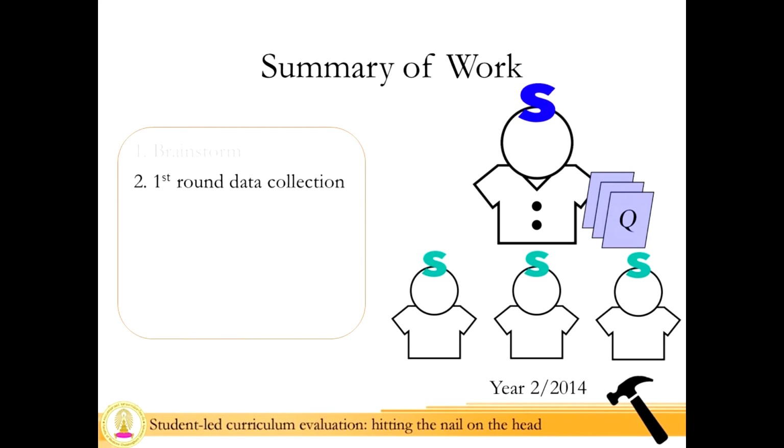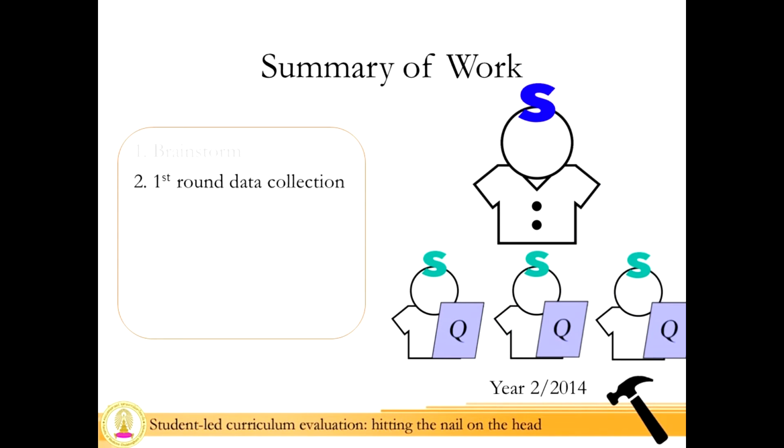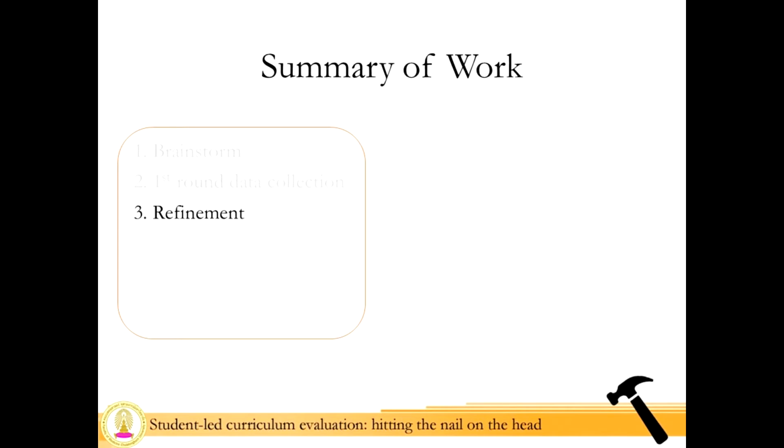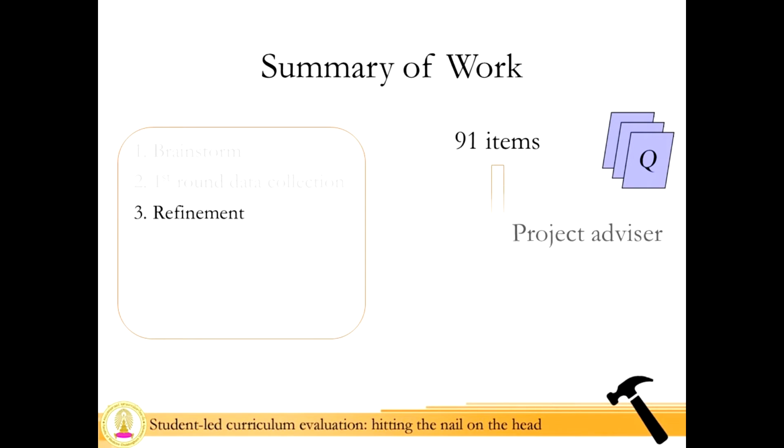Second, the 13 domain open-ended questionnaires were distributed to all 300 second-year students. Third, we gathered the results from the previous step, grouped them into 91 items, and presented them to the project advisor, who is also the secretary of the Curriculum Committee. Items were later limited to 62 by eliminating the non-implementable issues.